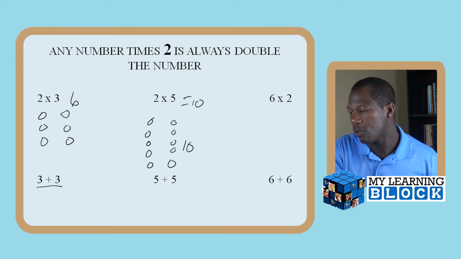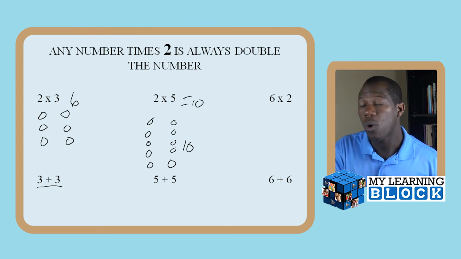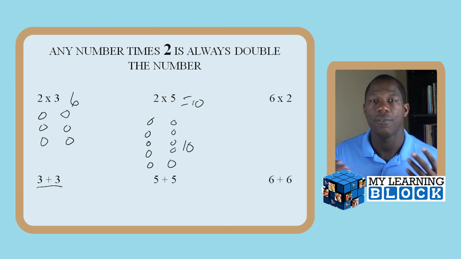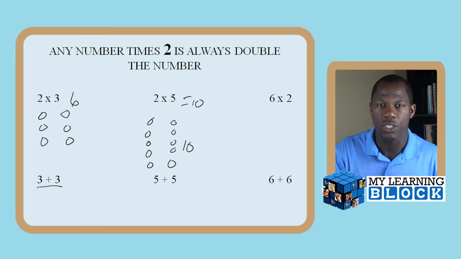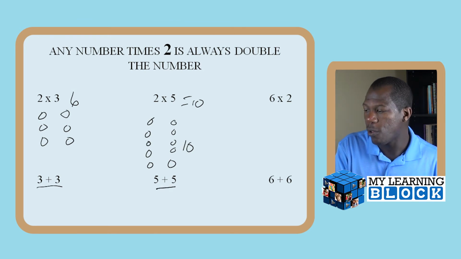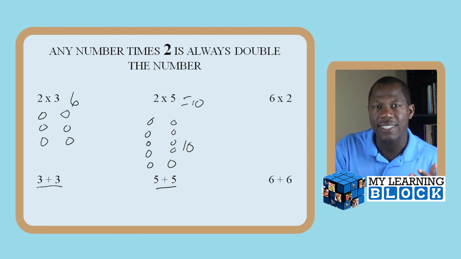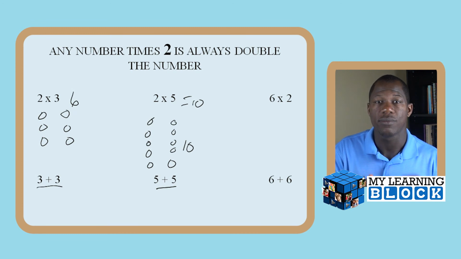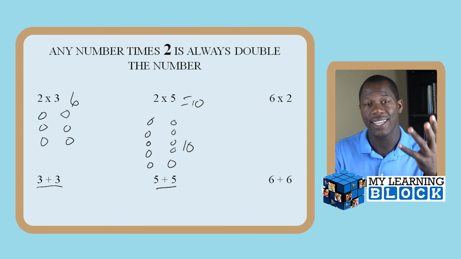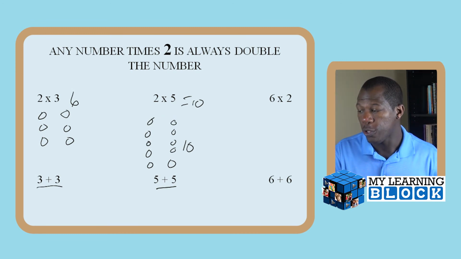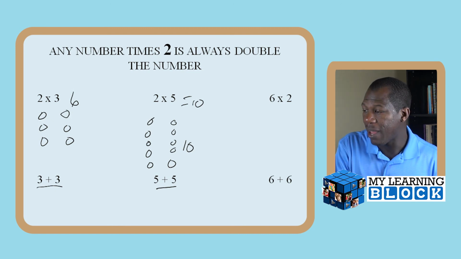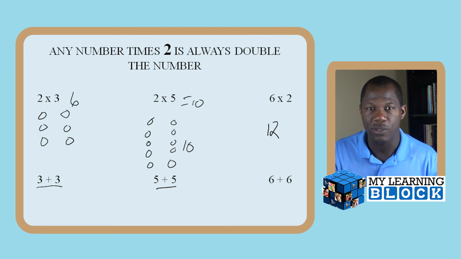You can do your arrays, or again, you can add 5 plus 5. What's 5 plus 5? Your children will know that one extremely fast. Then you have 6 times 2, 6 groups of 2, or 2, 4, 6, 8, 10, 12. Or you can say 6 plus 6. And no matter how you slice it, that pie will be 12.